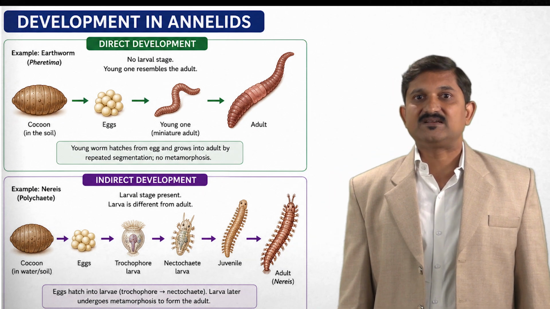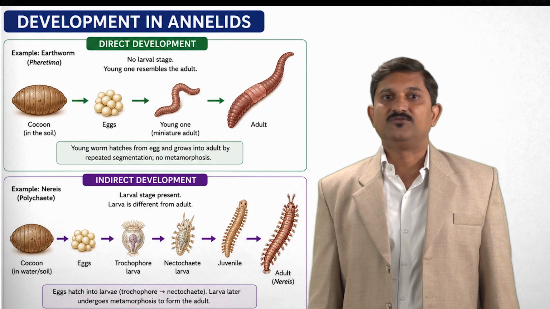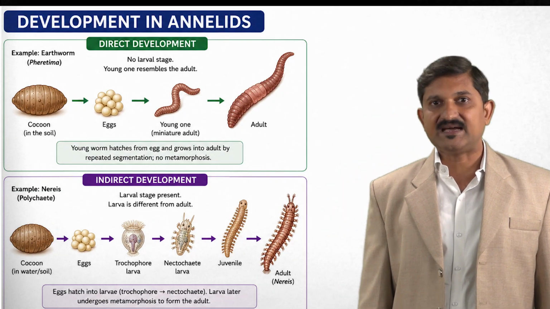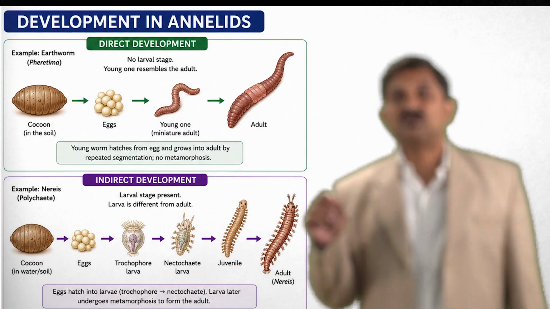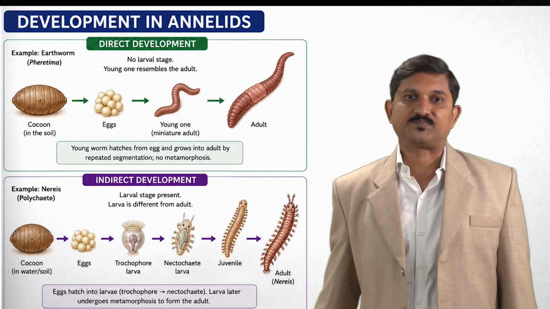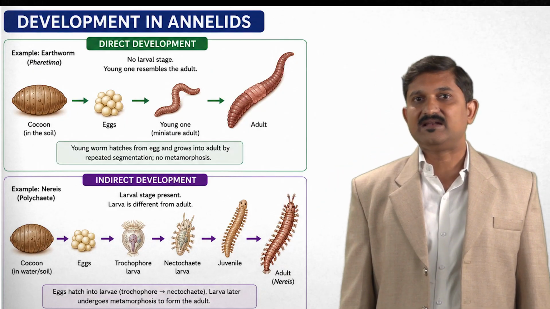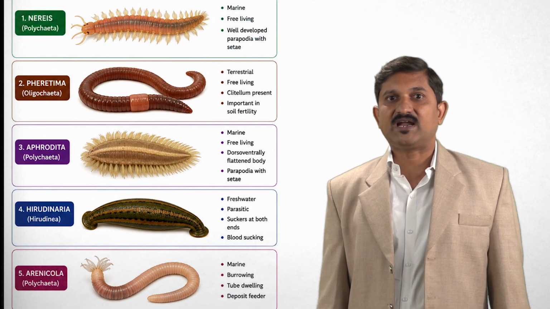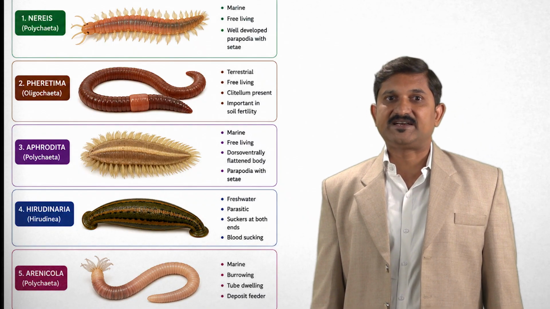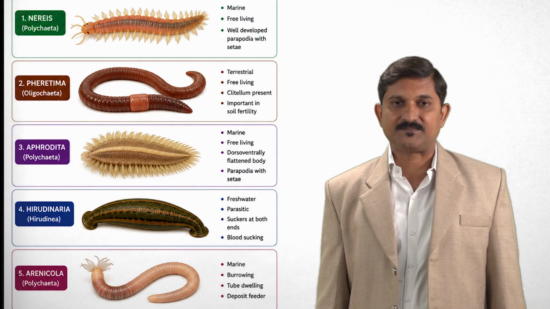The development can be indirect, as in case of Nereis. When the development is indirect, it includes a larval stage such as trochophore larva. Some of the examples of phylum Annelida are Nereis pelagica, Aphrodita aculeata, Pheretima posthuma, and Hirudinaria granulosa.